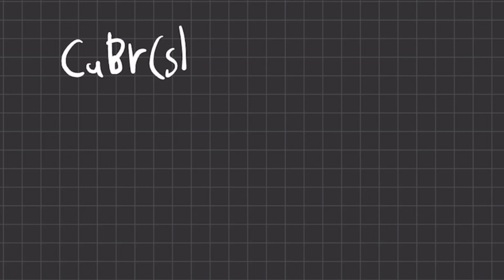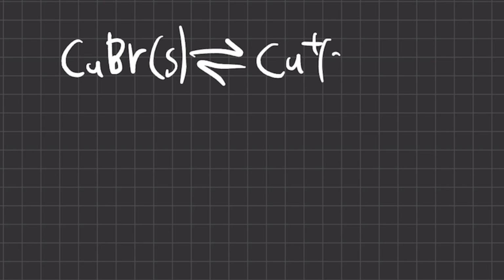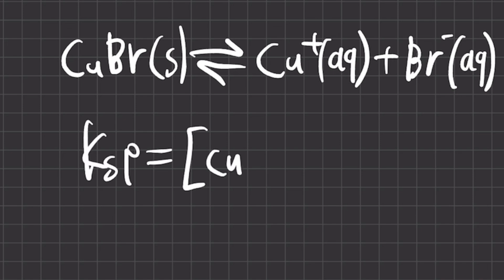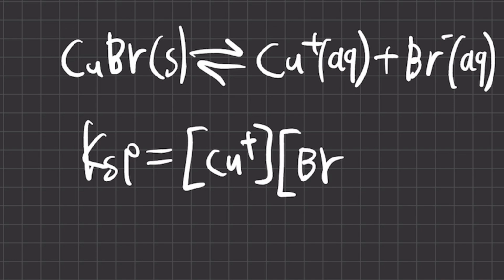For example, there is copper bromide solid, which is in equilibrium to form copper ions and bromide ion. The KSP will be molarity of copper ion and molarity of bromine ion.